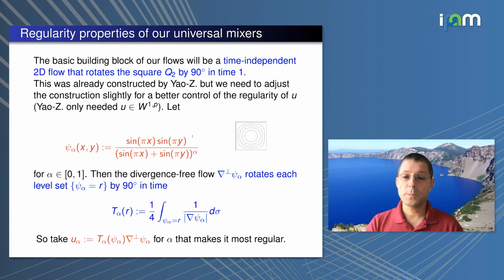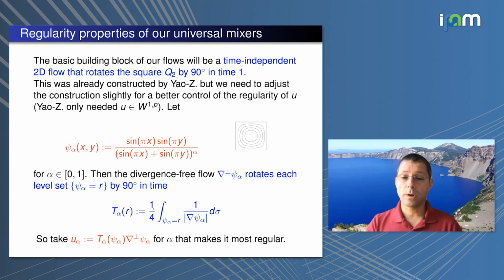The first problem you can remedy by just multiplying your flow. So how do you get your flow? You take the grad perp of the stream function, and multiply that by T, which depends on the level set, and it's just the integral of 1 over the velocity on that level set. That means it speeds up the slower level sets and it slows down the faster ones.